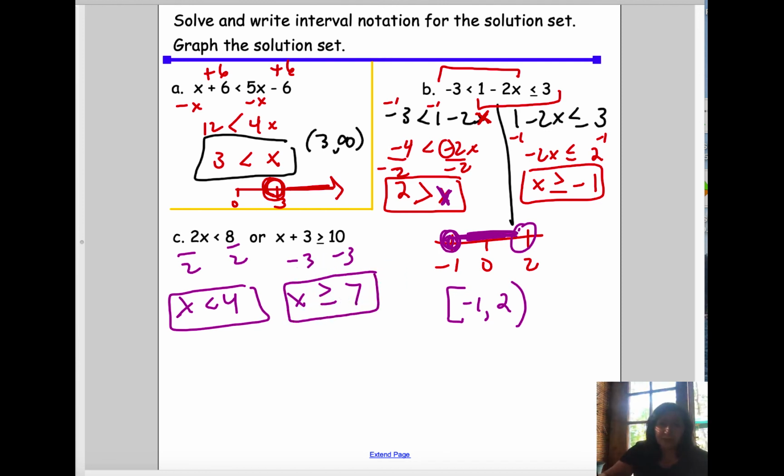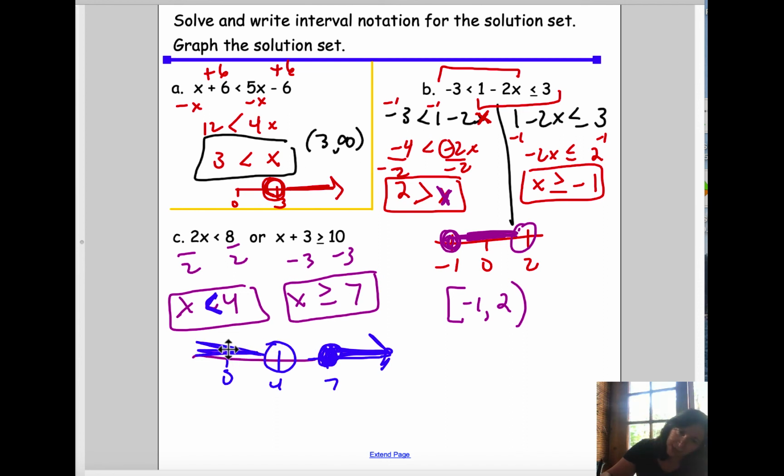So what this looks like, I'm going to draw my graph. I'm going to put my 0, my 4, and my 7. It says x is greater than or equal to 7, so it could be equal to 7, solid circle, going to the right. This one says x is less than 4, not equal to, open circle, going to the left.